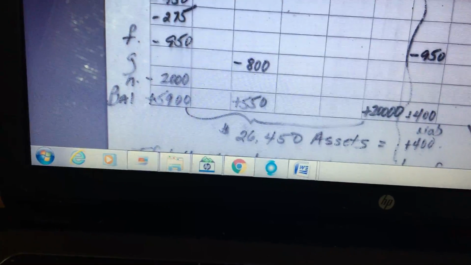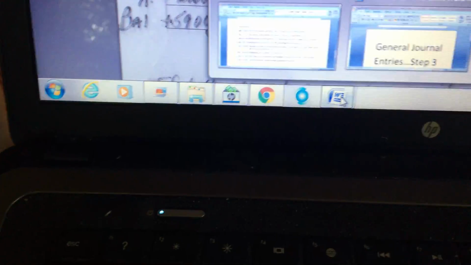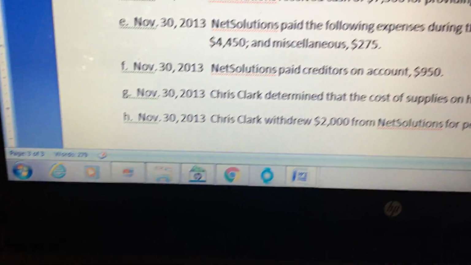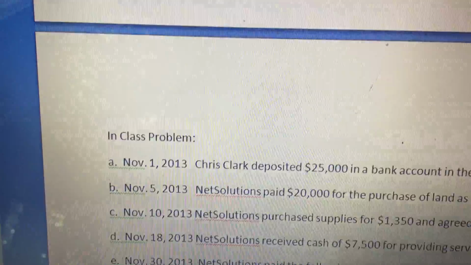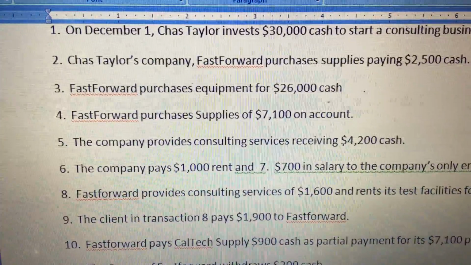I will post these answers also for you to see, but what I want you to do now for homework is to get a blank sheet, and I want you to go through and do the homework problem on Fast Forward.